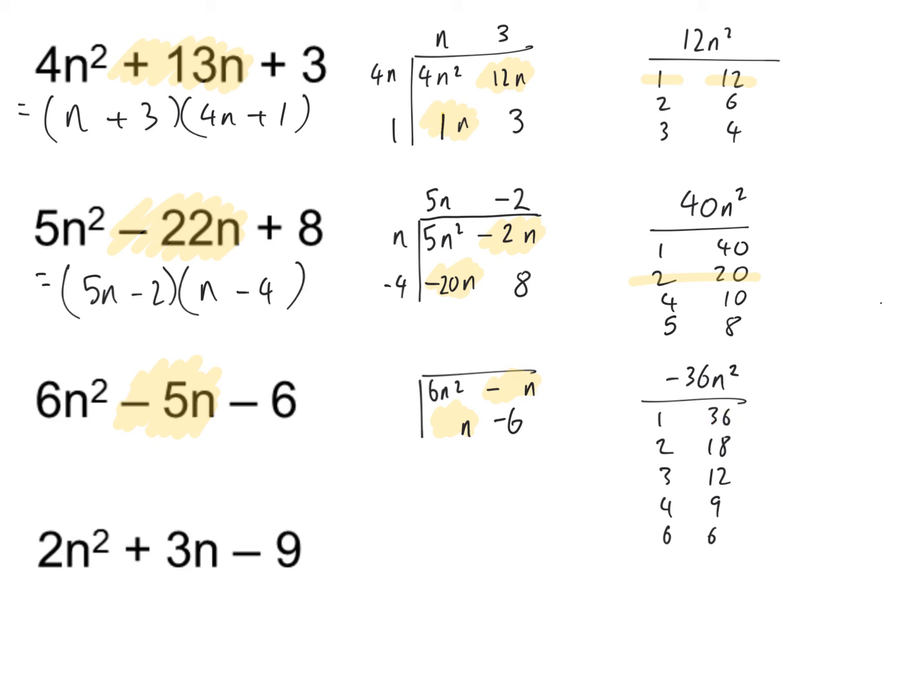So negative 36, positive 1 would give me negative 35. Positive 2, negative 18, that will give me negative 16. Negative 12, positive 3, that won't work, that would be negative 9. Positive 4, negative 9.